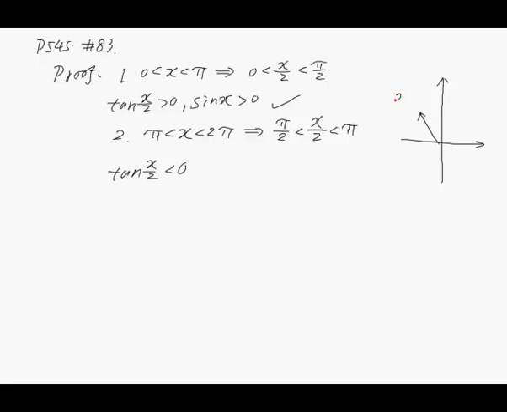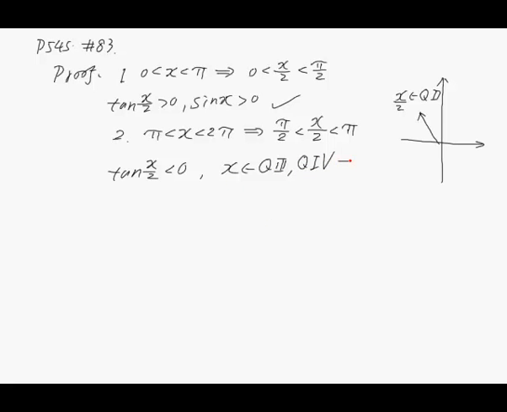So half x is in quadrant 2, tangent half x is negative. And now let's get back to x. x is greater than pi and less than 2 pi, so that means x is either in quadrant 3 or quadrant 4, right?